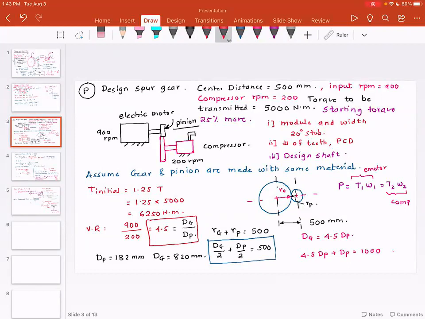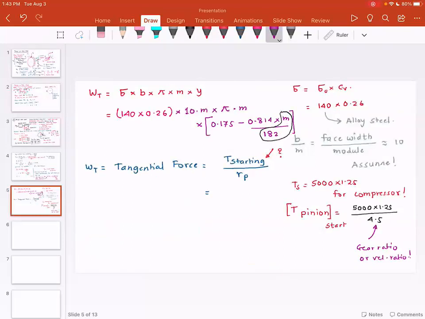On the compressor, speed is low but torque is higher. On the electric motor, speed is higher but torque is lower. By manipulating these torque and speed characteristics, we can achieve the desired power transmission characteristics at the output.